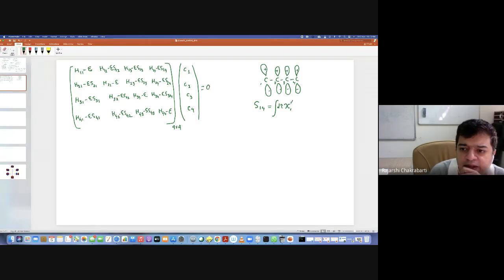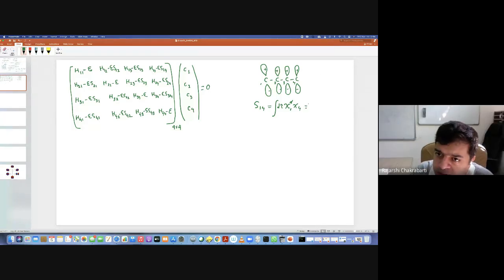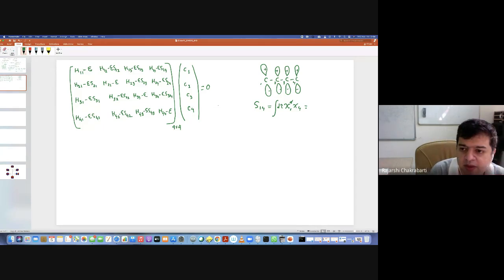This will have some value, obviously, but you see that 1 and 4 are quite far away. Ideally it should have some value, but since they're quite far away, I can approximate this to be 0. They're not strictly 0, they're far away.